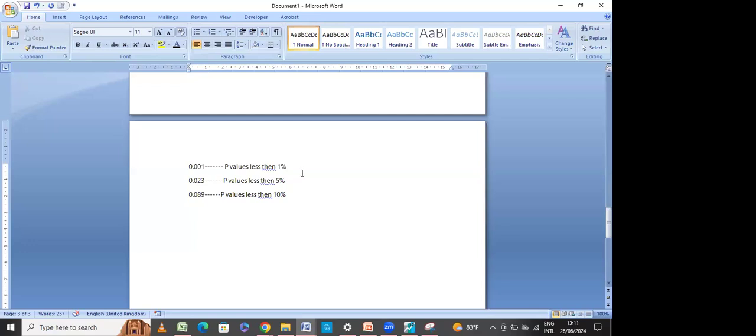So whenever we have any kind of p-value, we always need to compare this p-value according to our standards. We usually select our standards based on whether I am comparing my p-value at the 1% level of significance, the 5% level, or the 10% level.